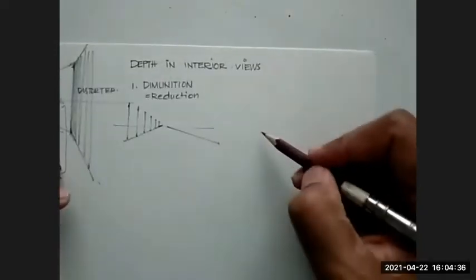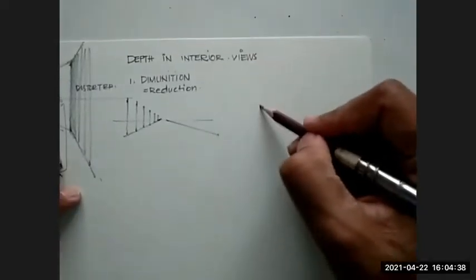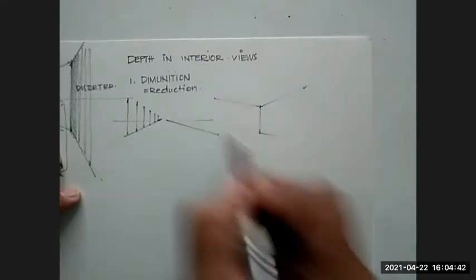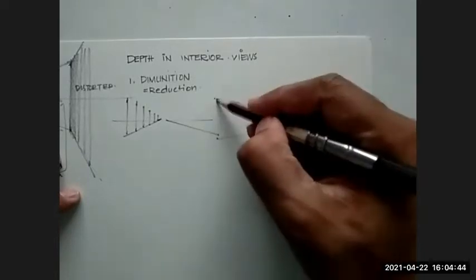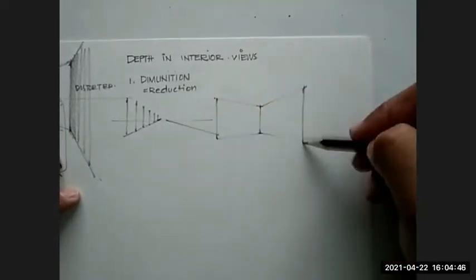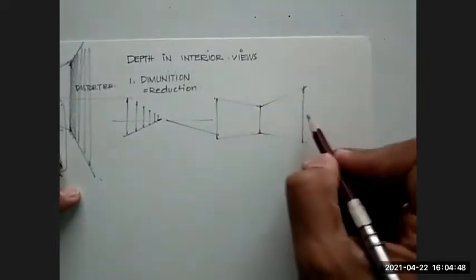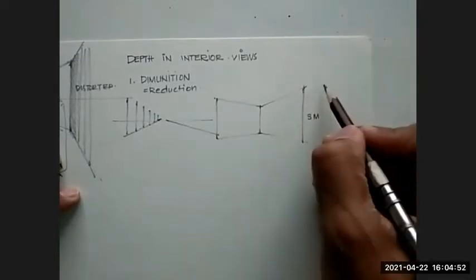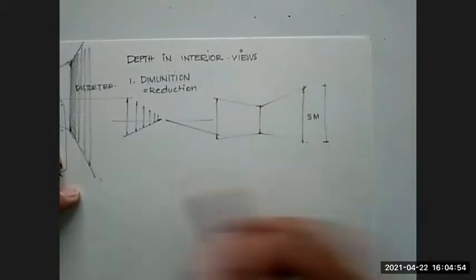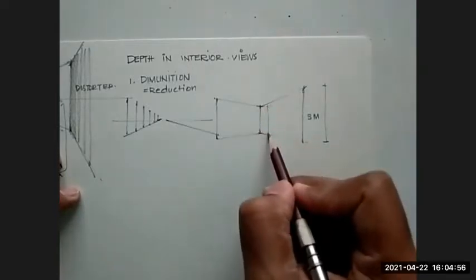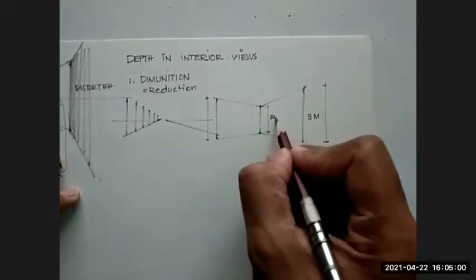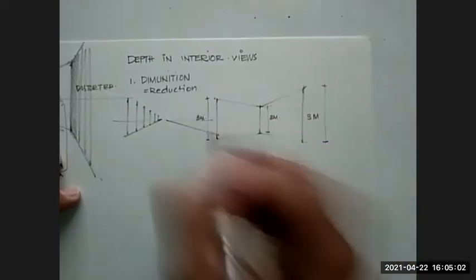With respect to the interiors, if this is the room, these are the two walls of a particular room. The room height, let's consider, is 3 meters. This wall appears bigger than this wall, and then also this wall, but all three are actually 3 meters in height.